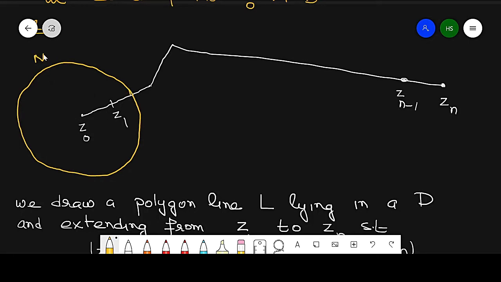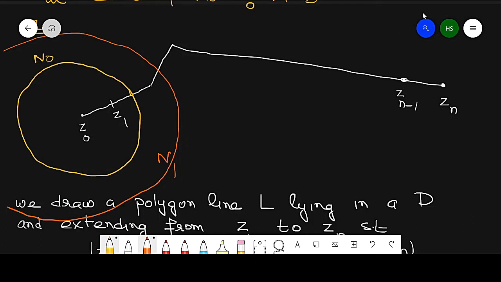So this is denoted by N0. Now z1 is a point inside this. Next define the neighborhood where the center is z1 and again the radius is d. So here I define this circle, and this is the neighborhood N1. So this is N0 and this is N1.